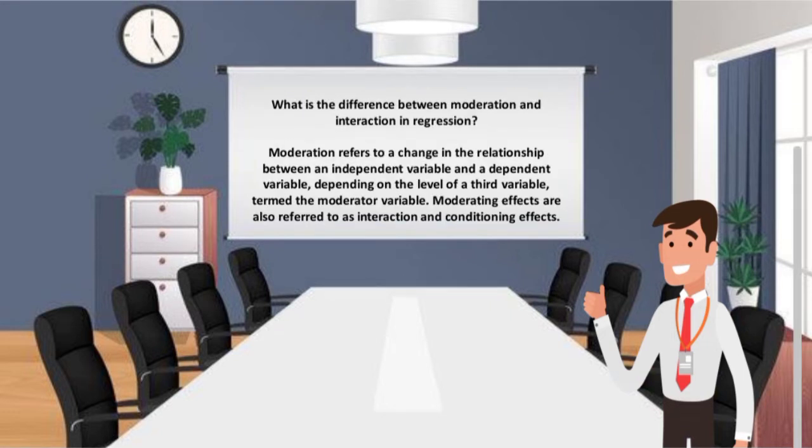What is the difference between moderation and interaction in regression? Moderation refers to a change in the relationship between an independent variable and a dependent variable, depending on the level of a third variable, termed the moderator variable. Moderating effects are also referred to as interactions and conditioning effects.